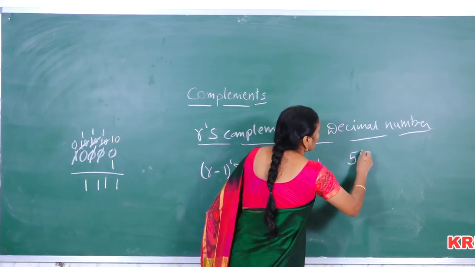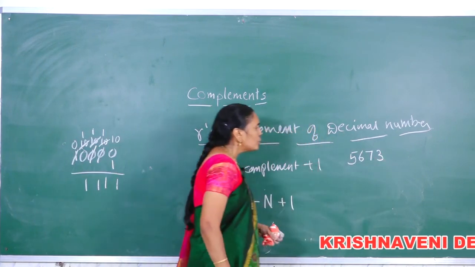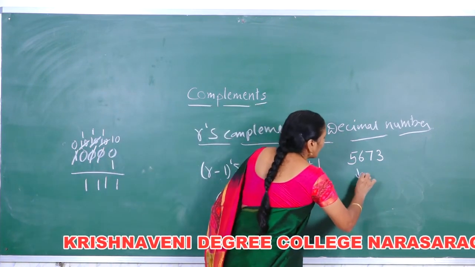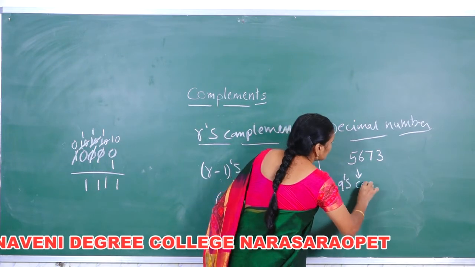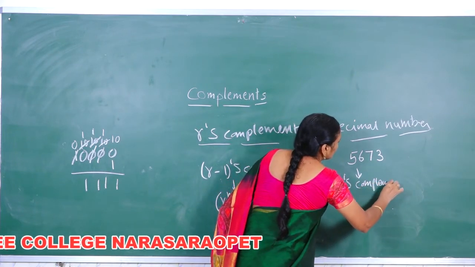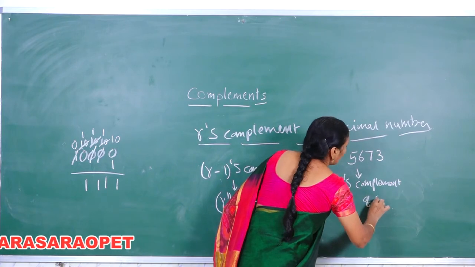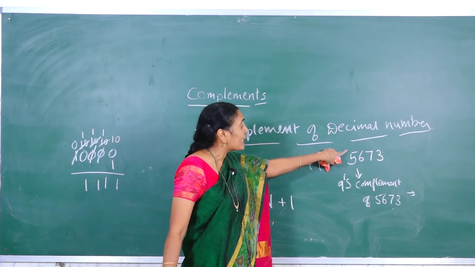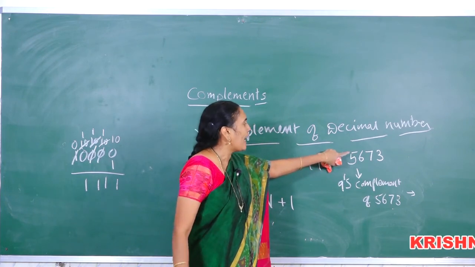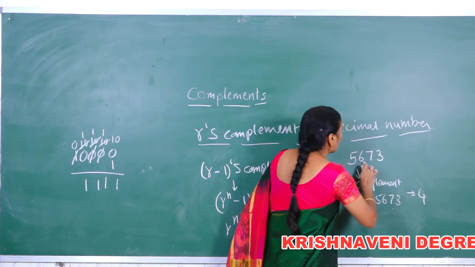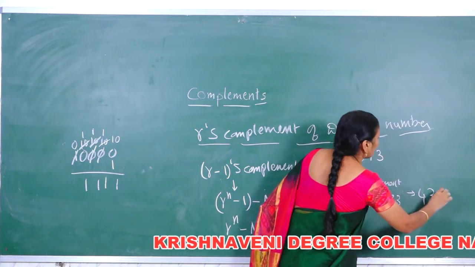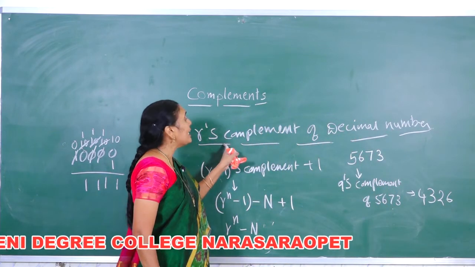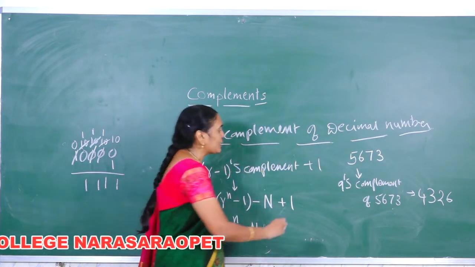Let us take the number 5673. In order to find the 10's complement, first you have to find the 9's complement of 5673. As we have previously discussed, we have to subtract each digit from 9. 9 minus 5 is 4, 9 minus 6 is 3, 9 minus 7 is 2, 9 minus 3 is 6. This is the 9's complement. But here I am interested in calculating the 10's complement.